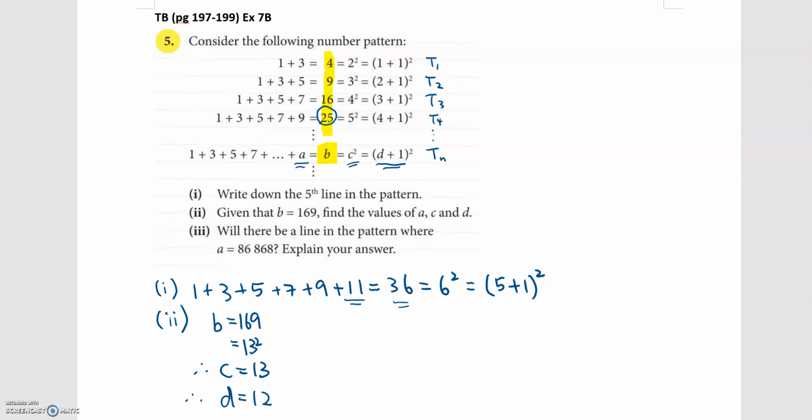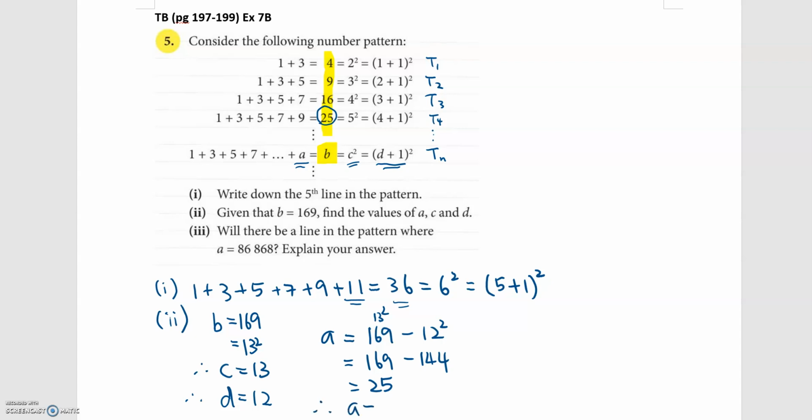So I actually will have A is equals to 169 minus, so 169 is actually 13 square minus 12 square, which is the pattern in front. So I have 169 minus 144, and that will give me 25. So the value of A is 25.